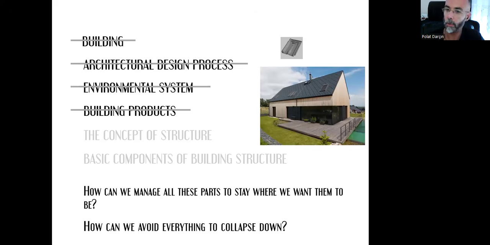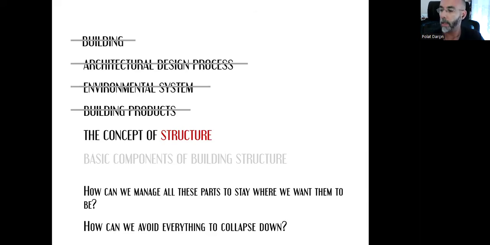How can we avoid everything to collapse down? We need a system which we call structure. In Turkish, it's structure. It's a French word, structure, same structure, and it can be defined as the system which keeps the form intact.